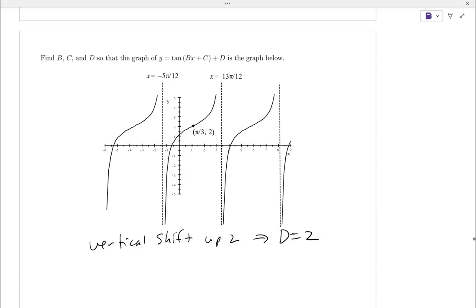Each asymptote to the next represents one period for the tangent. So in this case, our period will be 13 pi over 12 minus a negative 5 pi over 12. That gives you 18 pi over 12, which simplifies to 3 pi over 2.